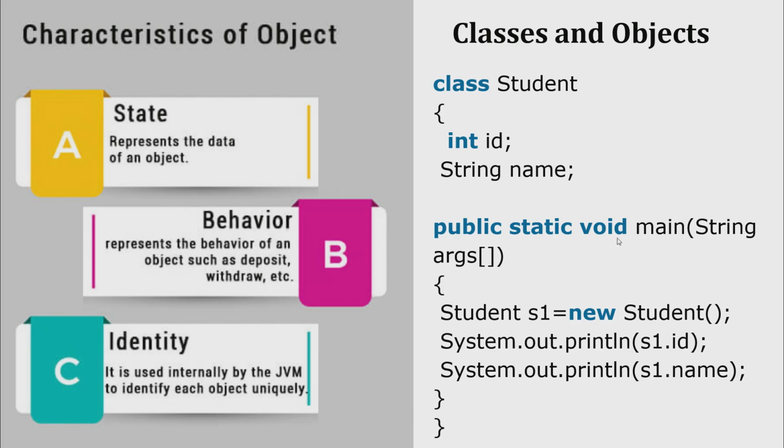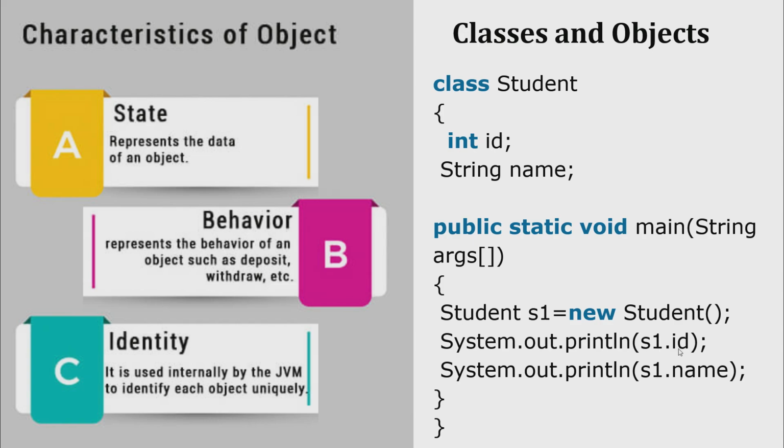Inside the main method I am going to create an object for this class. Student s1, where s1 is the reference to the object which is created in heap memory, is equal to new Student(). Here the object will get constructed.